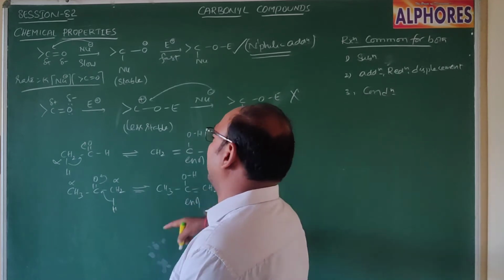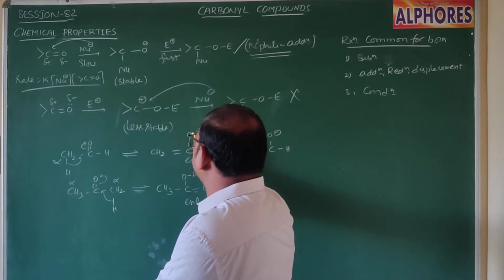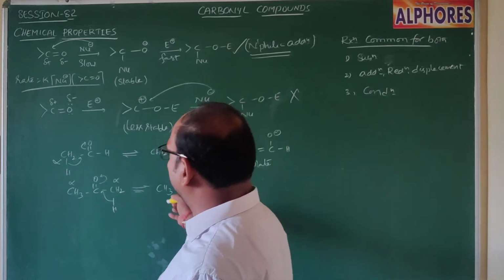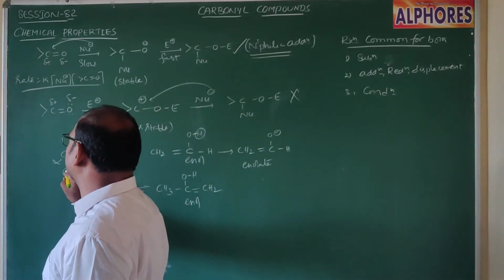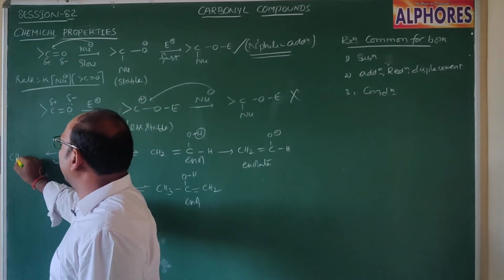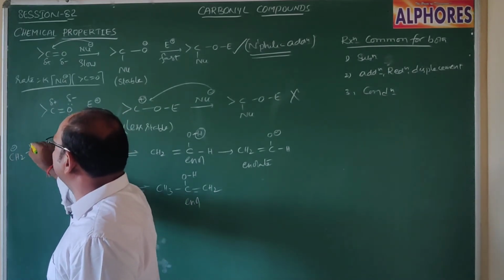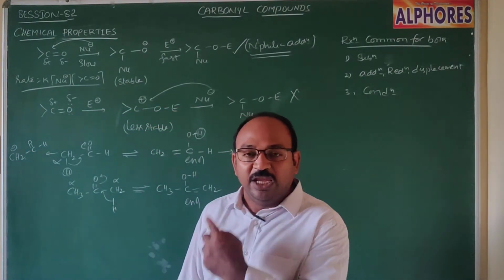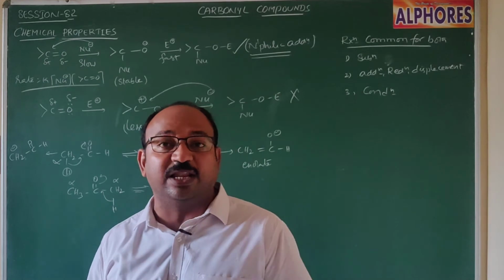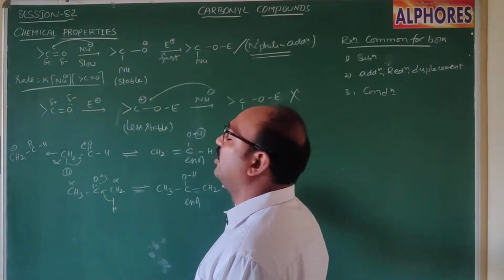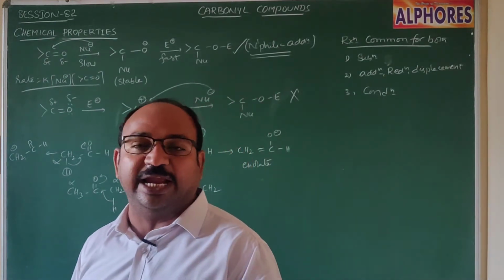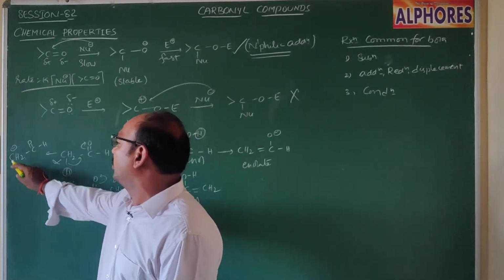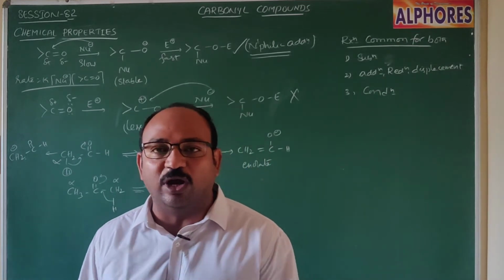For example, if this hydrogen is lost, you get the enolate ion, and if the hydrogen is lost from here, it shows acidic properties and we get the carbanion CH2-C=OH. Out of these two, the enolate ion and the carbanion, the enolate ion is more stable because in the resonance structures, the more electronegative atom oxygen bearing the negative charge is more stable than the less electronegative carbon bearing the negative charge. Hope you got the point.